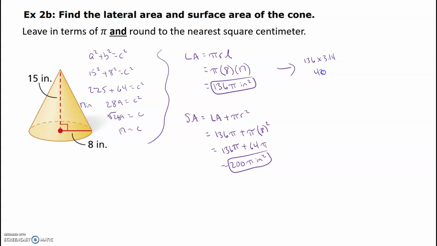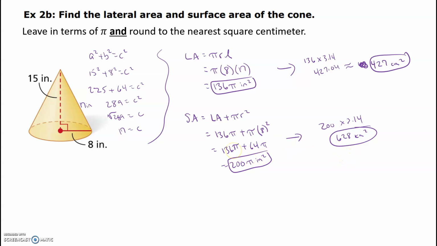I get 427.04, which to the nearest square centimeter would be 427 centimeters squared. Here, 200 times 3.14. 200 times 3.14 is 628 exactly, so we're going to leave it centimeters squared.